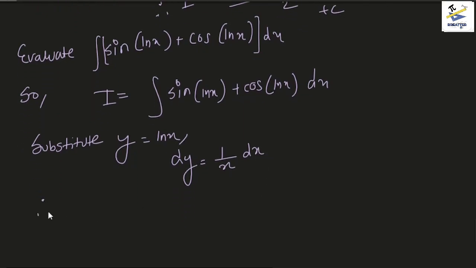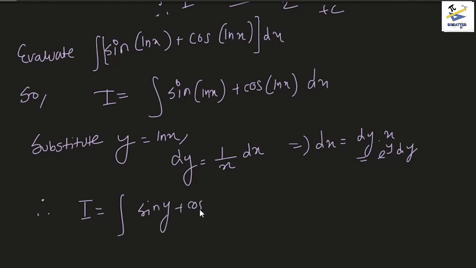Therefore, dx is basically equal to dy into x, but we need it in terms of y, so x is basically e to the power y, so dx is e to the power y dy. So the integral becomes (sine of y plus cos of y) whole into e to the power y dy.